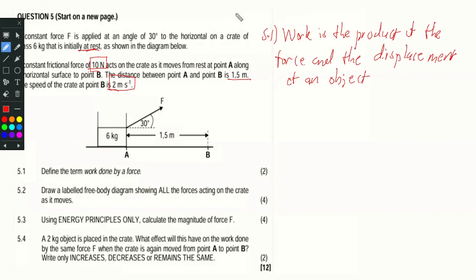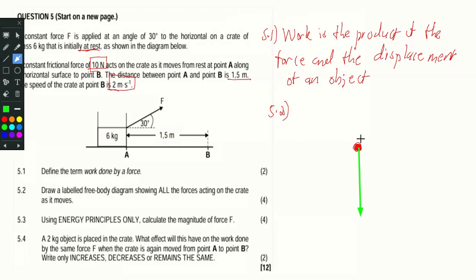Then let's now proceed. 5.2 says, draw a labelled free body diagram showing all the forces acting on the crate as it moves, right? So 4 marks, 4 forces. We're just going to start with a dot to indicate the 6 kg block. And then you want to start with the obvious forces.